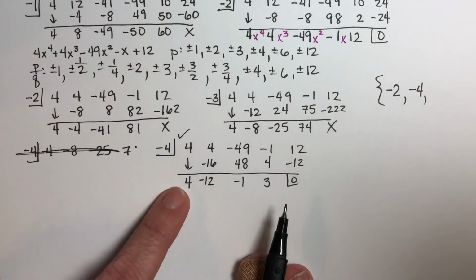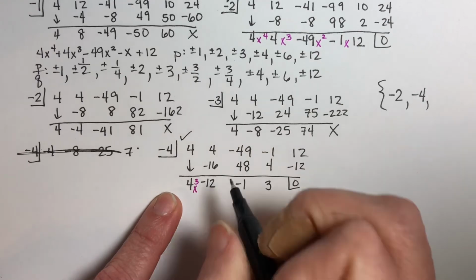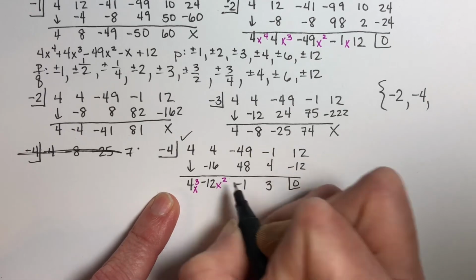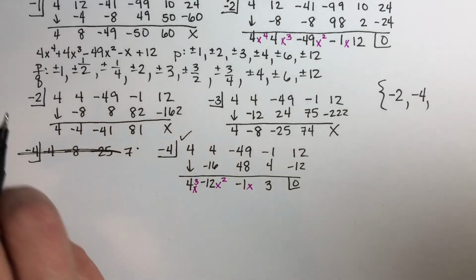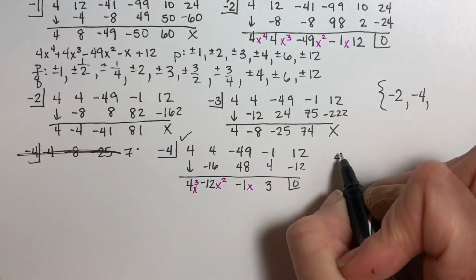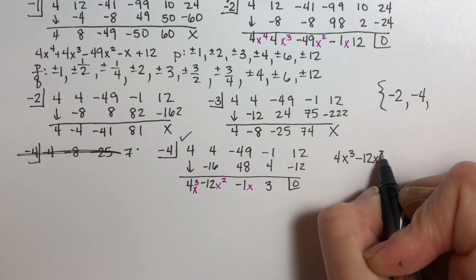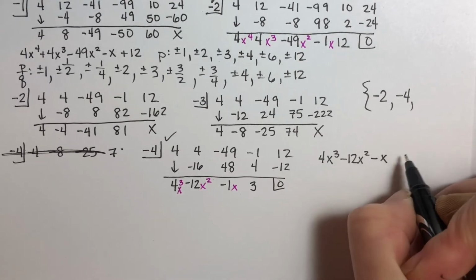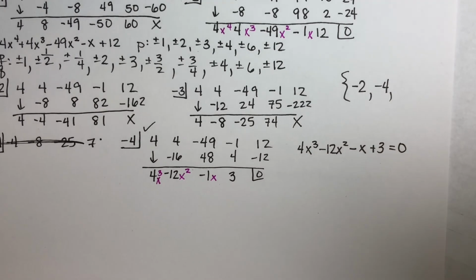I found another solution, so this drops down to a 3rd power. So I have 4x cubed minus 12x squared minus x plus 3. This is now what I need to solve.